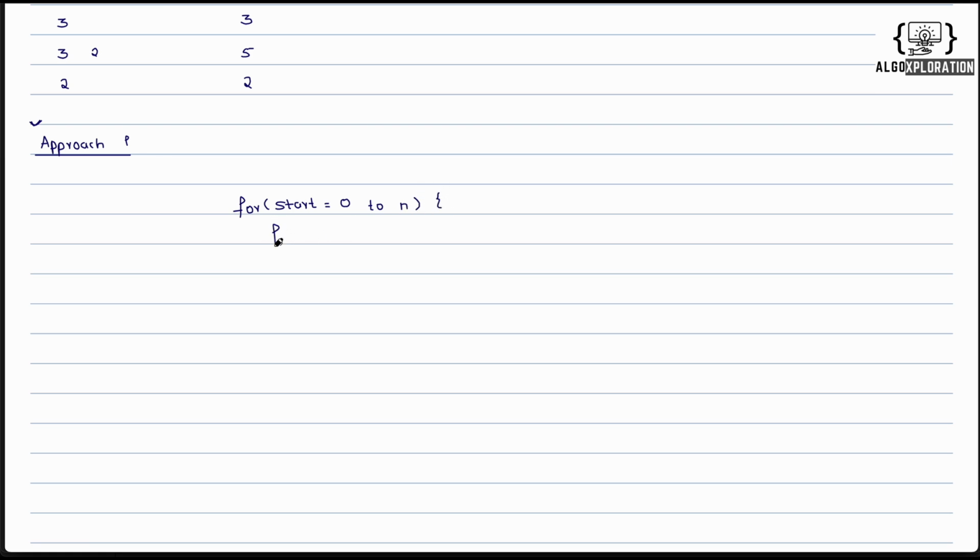Now in the inner for loop, the variable will be end, which will be starting from the start variable and it will be going till n. Now there will be a variable k which starts from the start variable and it will be going till end.